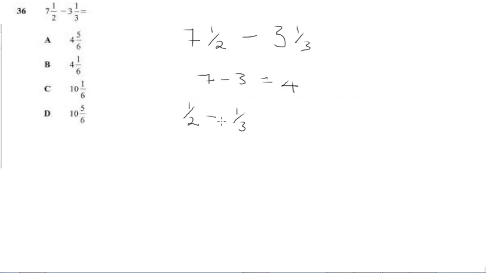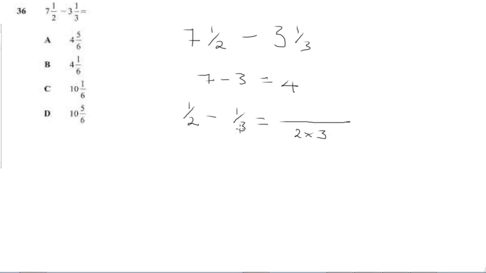So when we have totally different denominators, what we do is we multiply the two denominators. Do you remember that? We multiply the two denominators. So we say 2 times 3. Then this denominator of this fraction is multiplied by the numerator of that fraction, whilst this denominator of this fraction is multiplied by the numerator of that fraction.